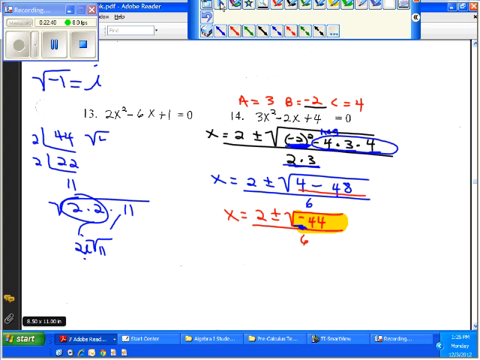You could have thought square root 4 times square root 11, and from the square root 4 you pop out a 2 and get the 2 square root 11, and then throw in the i for the negative, right? Okay? So what we have then is x is equal to 2 plus or minus 2i square root 11 over 6. And I'll let you catch up.